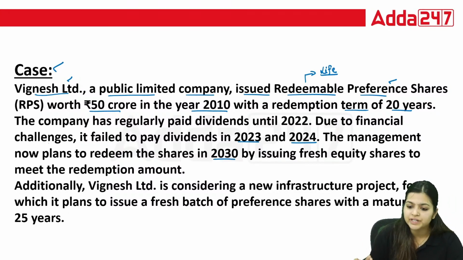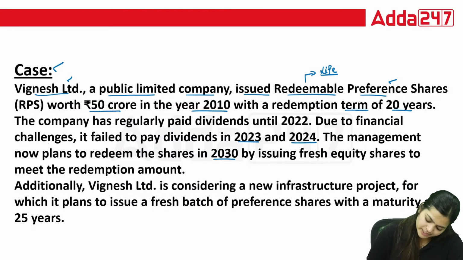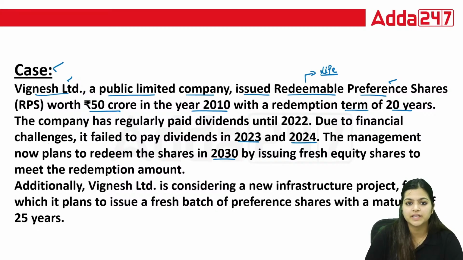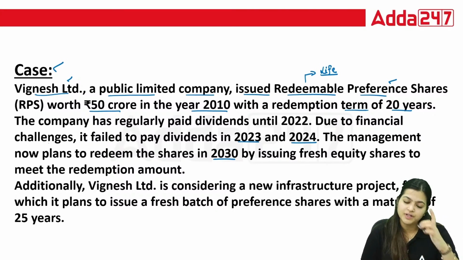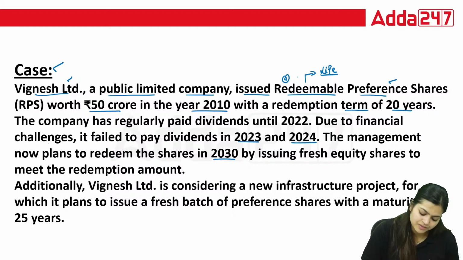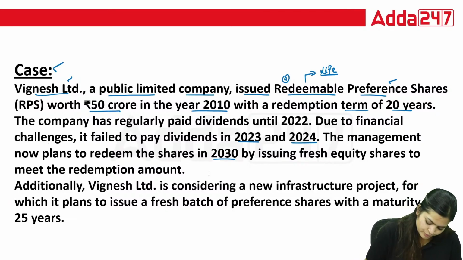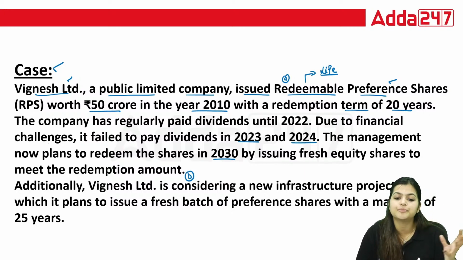They are planning to redeem it by issuing fresh equity shares to meet the redemption amount. Additionally, Vignesh Limited is considering a new infrastructure project for which it plans to issue a fresh batch of preference shares with a maturity of 25 years. So Vignesh first issued redeemable preference shares. In the second paragraph, again they are issuing, but for some other project.